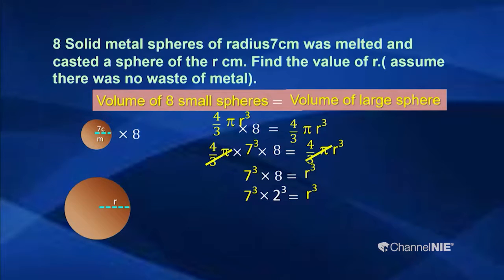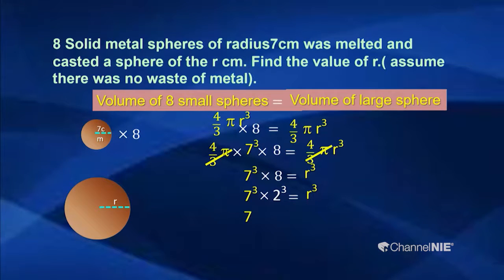Okay, then we arrange all the terms as powers, with index 3. Now look at this. All these indices are the same. We know the method, that we learned in the basic part of logarithms.